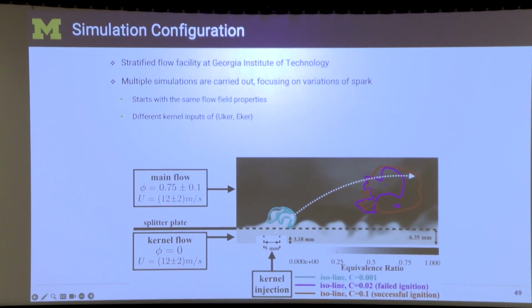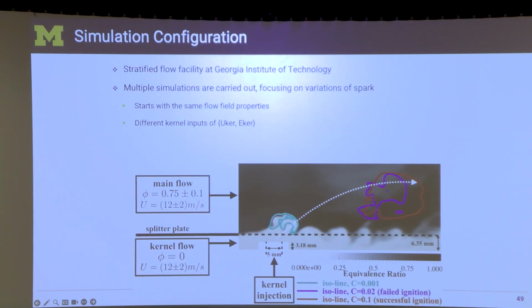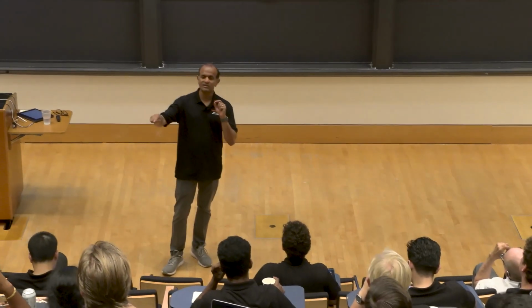So the experiment comes from Georgia Tech. This is part of their focus in this project. So they have a setup where there is a plate through which there's a torch or a plasma torch or igniter inside a hole. And the igniter sends an electric discharge.